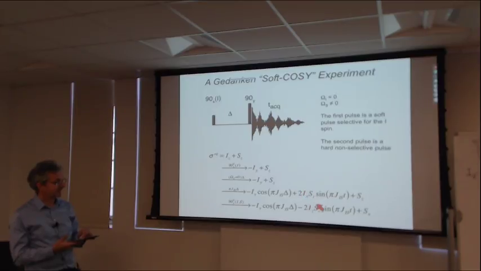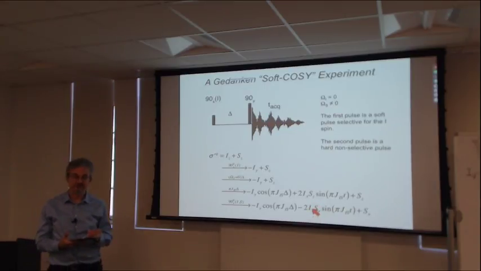This S magnetization came from the I spin. This only exists because of the J coupling. If the J coupling is zero, this term goes to zero. So the appearance on the S spin of an antiphase doublet tells us that there was a non-zero coupling between I and S. And that's interesting information to have.